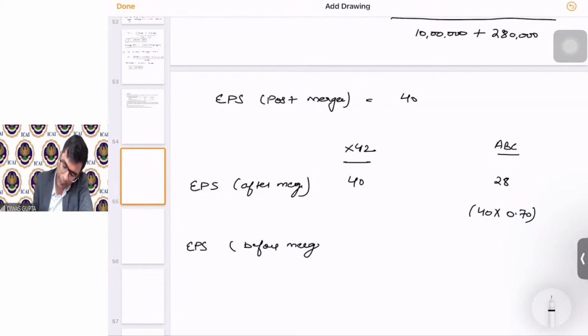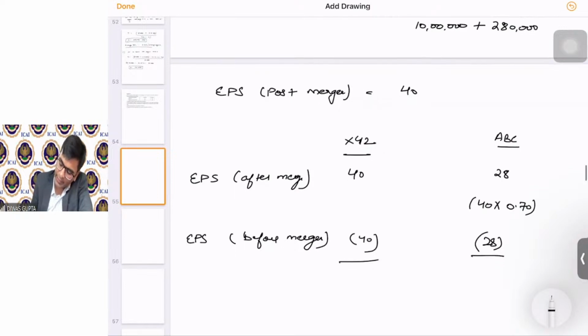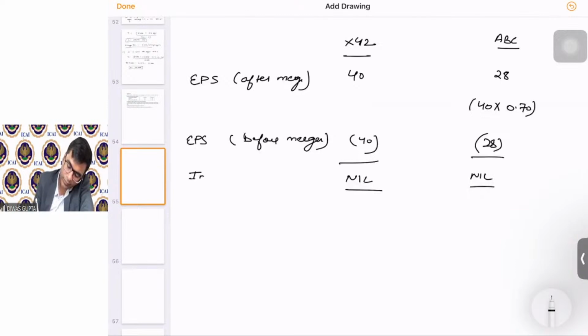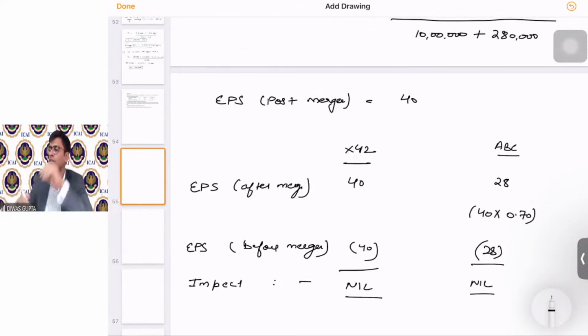Before merger, EPS here was 40 only, and here also it was 28. So the impact is nil. Okay, so the first part is done.